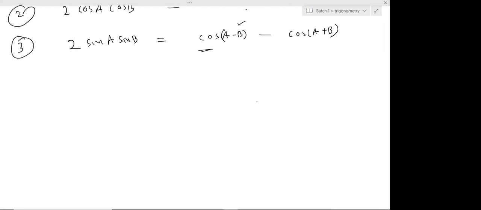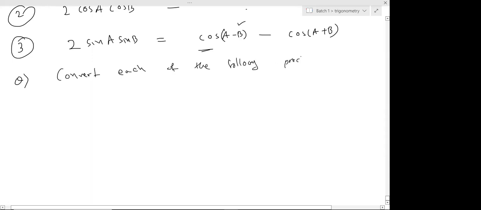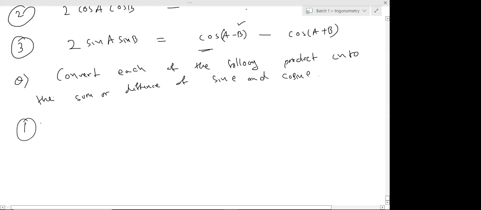Yes, sir. All right, done. Question: convert each of the following product into the sum or difference of sine and cosine. All right, 2 sine 5 theta cos theta.